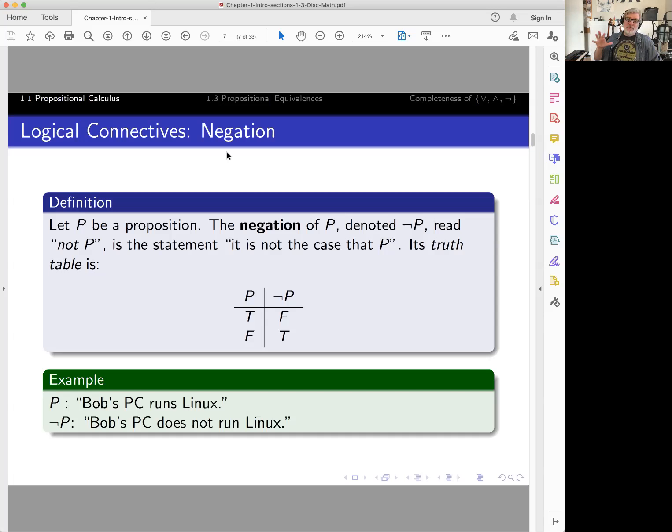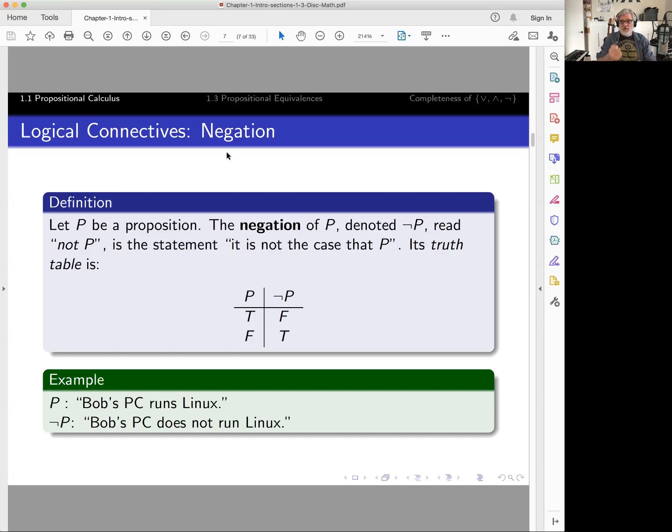So not P is the statement, it is not the case that P. Now to define this properly, I have to tell you what the truth value of this new proposition is in terms of the original truth value of the proposition P. So what we use is what we call the truth table. You list all the possible truth values for P, that's true or false, right?